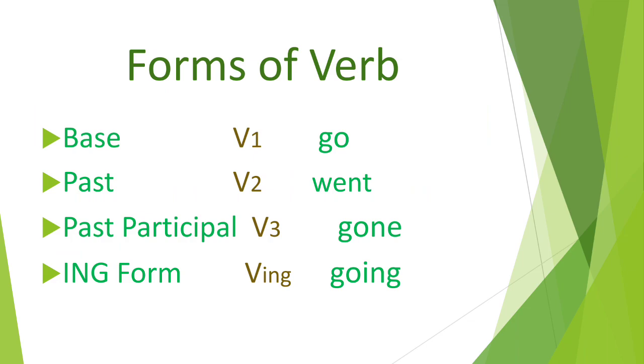We denote the past tense of the verb with V2, the past participle with V3, and the ing form with VING. Let's have an example. The base form is go, past form is went, past participle form is gone and ing form is going.